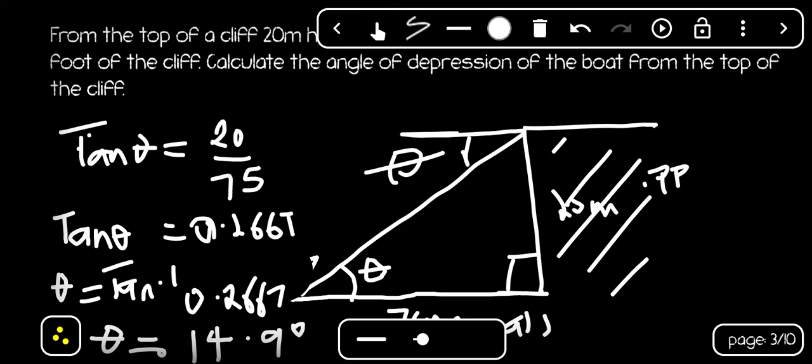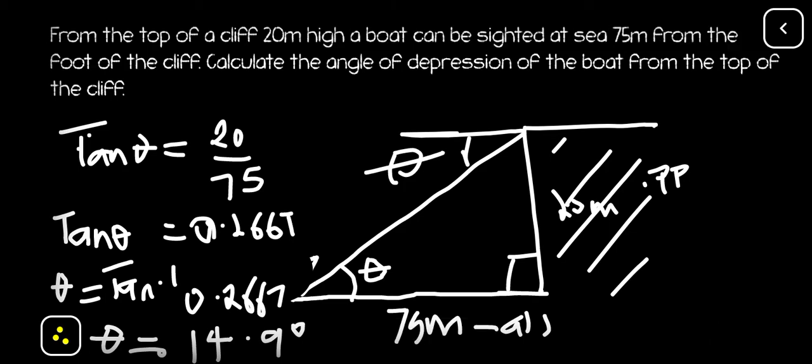So what is the lesson here? The lesson is that all you just need to do is to understand how to draw a diagram. Remember that the angle of depression is equal to the alternate angle in terms of elevation from the boat, and that will help you find whatever you're looking for.